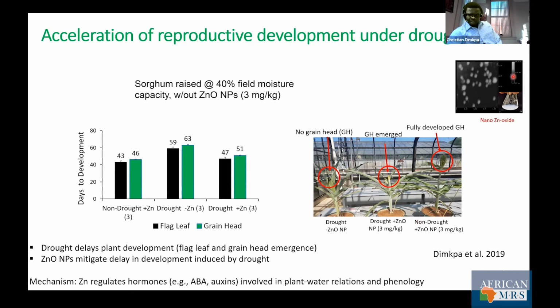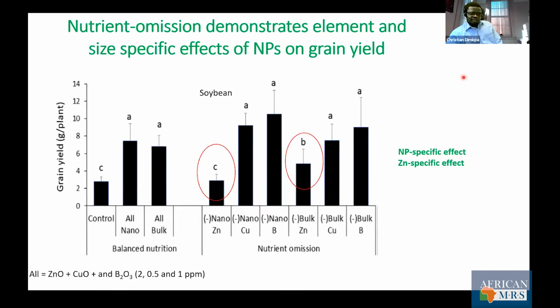And the zinc is just particles like that. So, effect, again, effect of nanofertilizers on grain yield here. In this case, soybean. What we did here was what we call nutrient omission studies, where you have all the nutrients. In this case, we have all the nano and all the bulk.